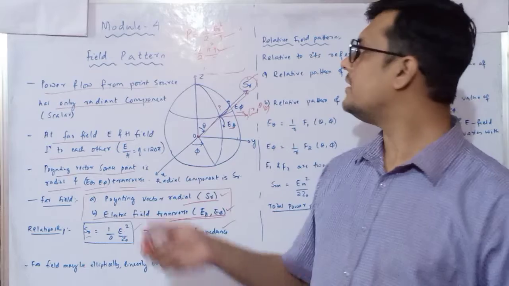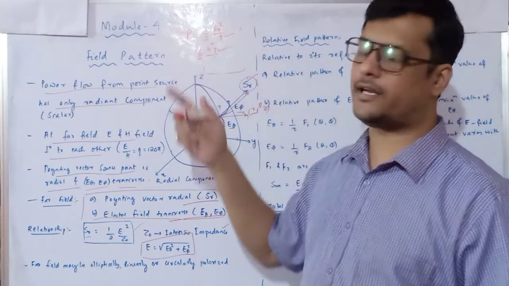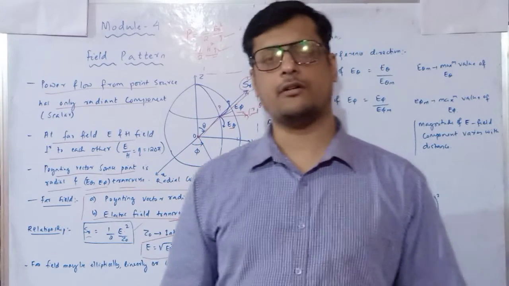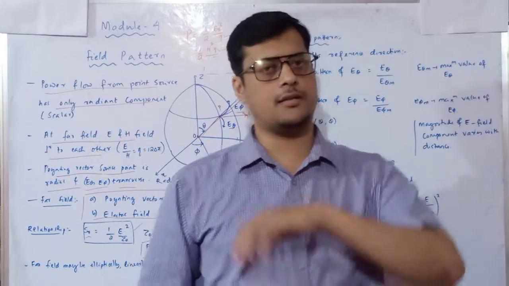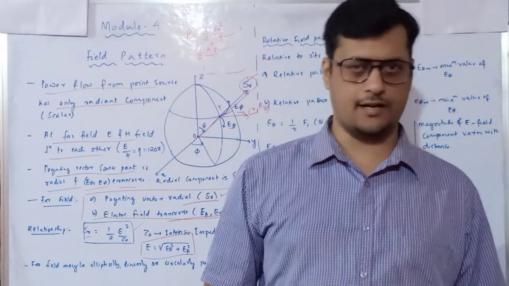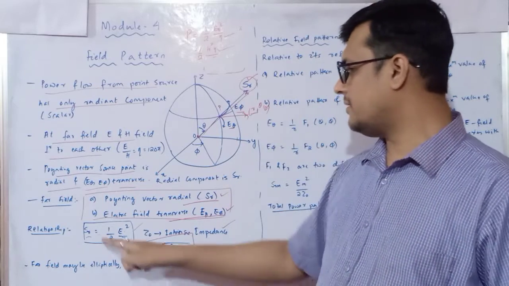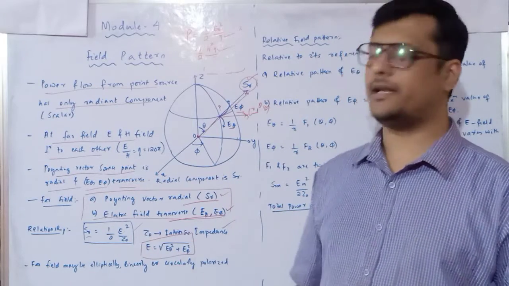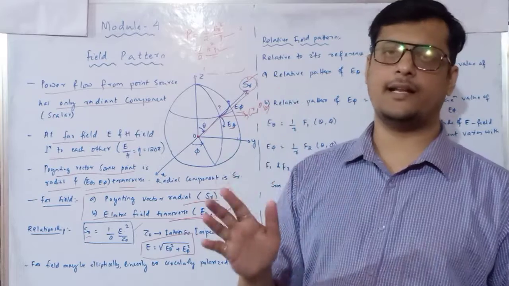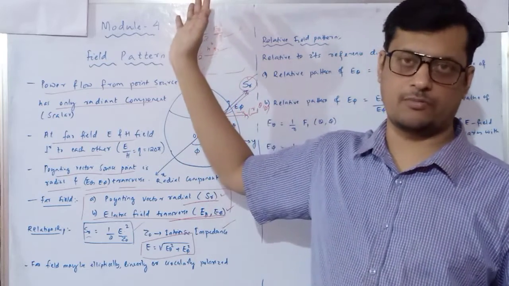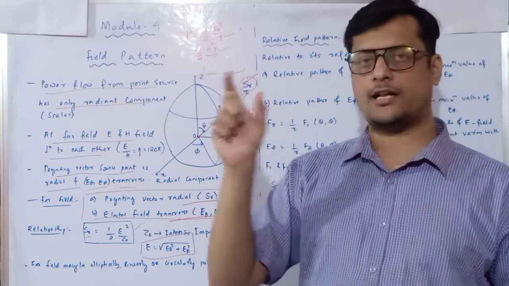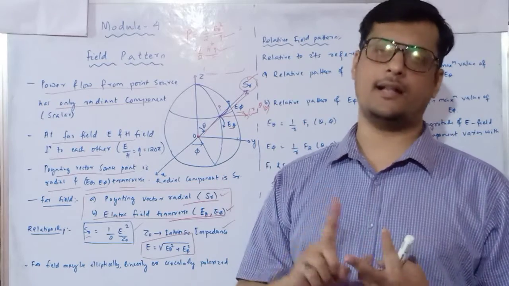Similarly, it is half E naught square divided by eta. So if any one component is known, the other can be easily determined, since they are perpendicular to each other. This is the relationship between the Poynting vector, which comes radially out from the source point, and the transverse electric field components E theta and E phi.